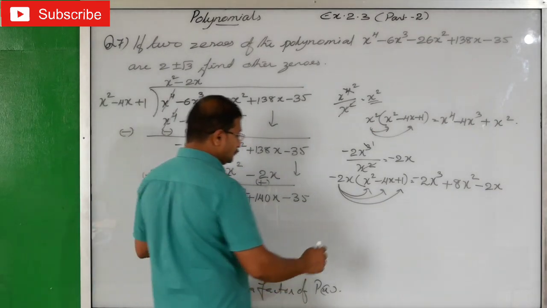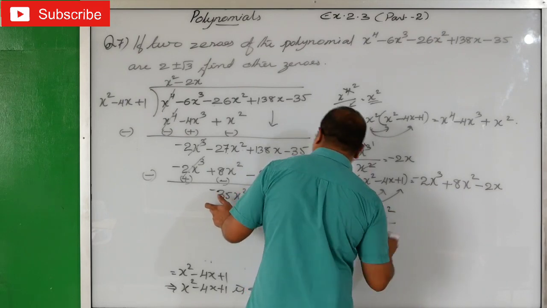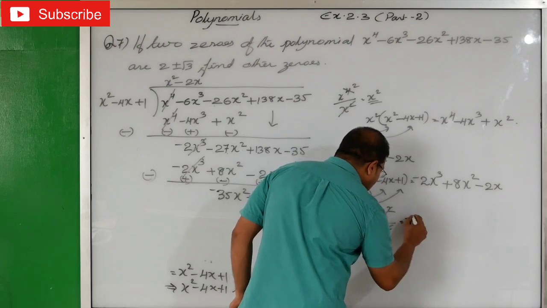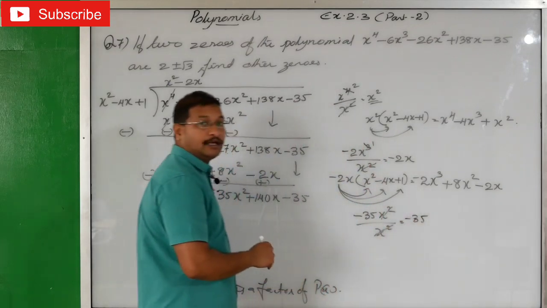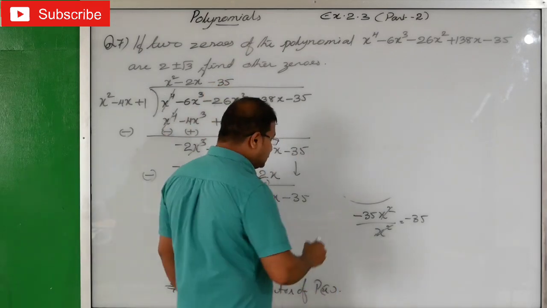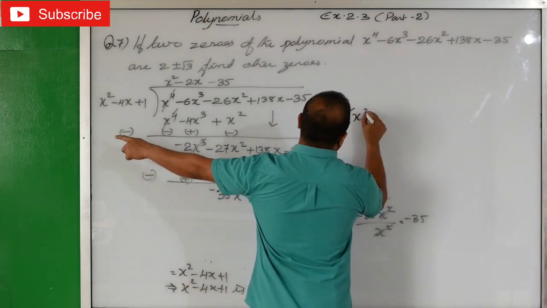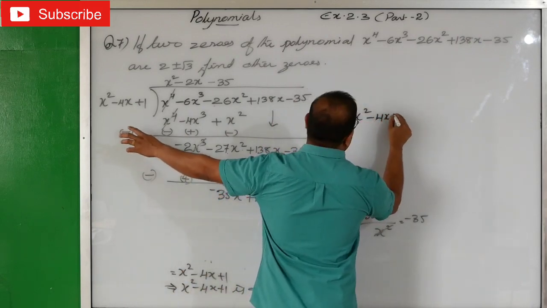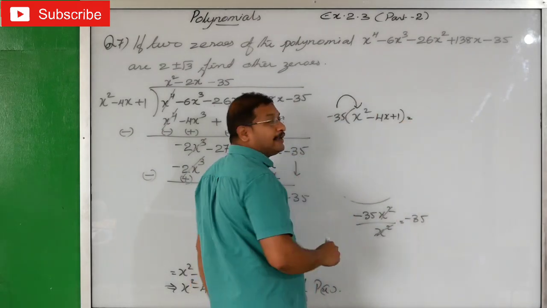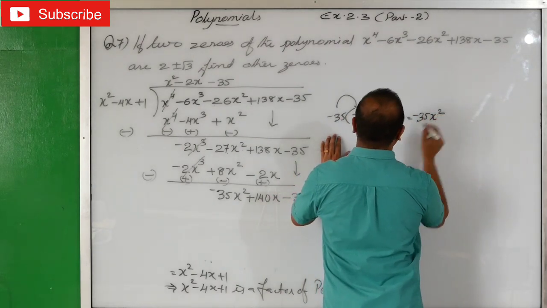Now see the first term, minus 35x square divided by, what is here? X square. X square will cancel, minus 35. So here we will get minus 35. That means minus 35 into divisor, x square minus 4x plus 1 equals minus 35 into x square, minus 35x square.